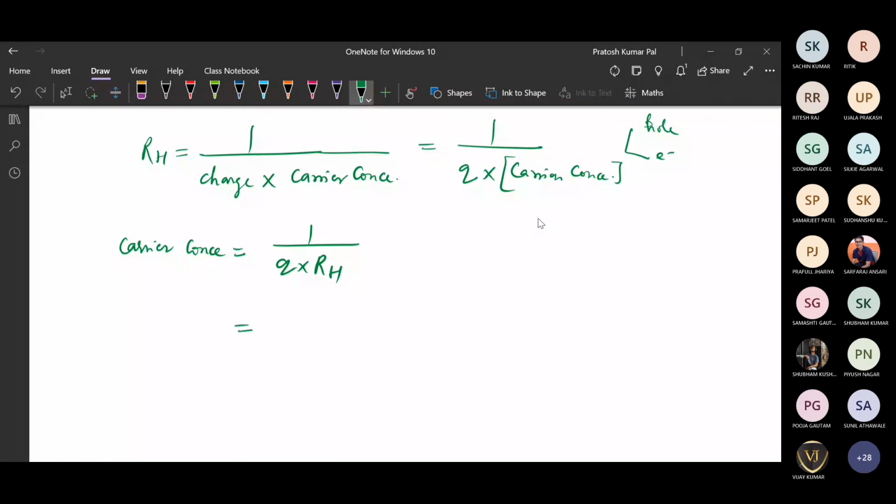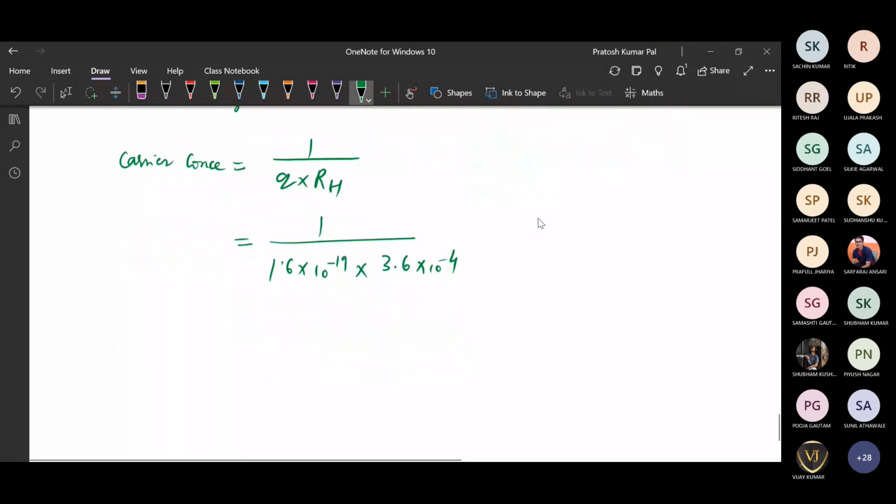So from there we can find, Q is 1.6 into 10 power minus 19 into RH. RH is given as 3.6 into 10 power minus 4. So from there it is 10 power minus 23 divided by 1.6 into 3.6.